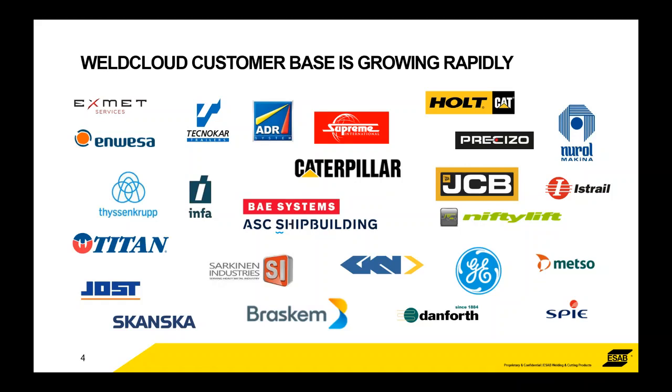Those types of industries and customers are quickly starting to adopt digital tools as part of their management systems, and that's something more and more customers, as we see it, are demanding. So it's becoming an essential piece of doing business.